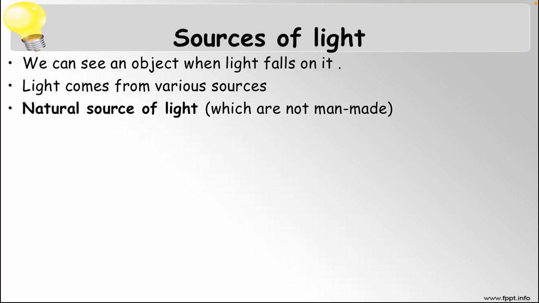When the pipe is straight, the light reaches the eye. The person is able to see the light. But if the pipe is a little bit bent, the light will get blocked. Why? Because light travels in a straight line.